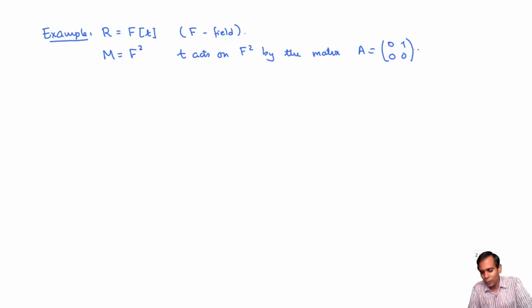Okay, so if you take any polynomial in T, it will act by substituting for T the matrix A, computing the resulting matrix, and then applying it to a column vector in F squared.